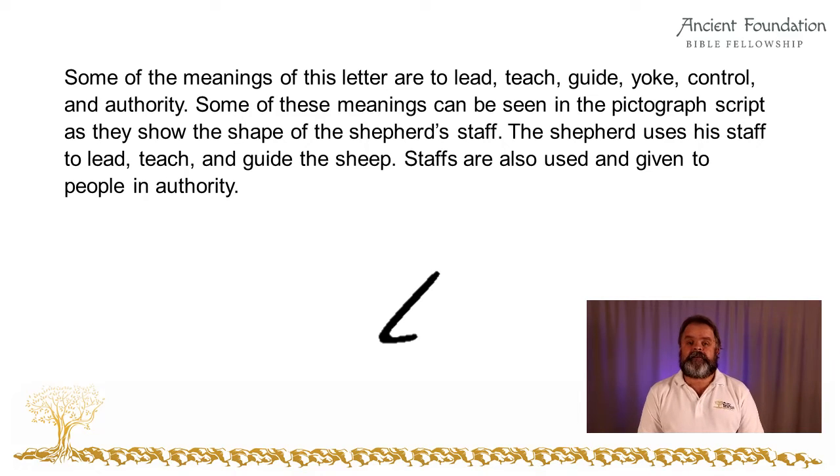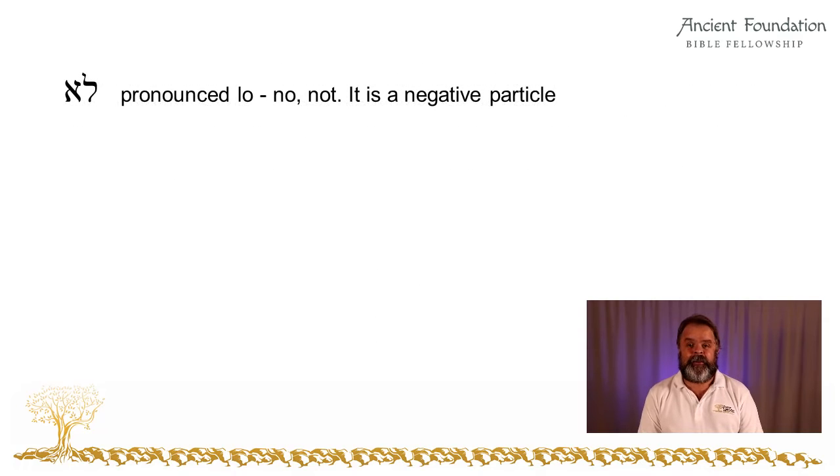Now let's have a look at some of the Hebrew words that start with the letter lamed. The first word is pronounced lo, and it means no and not. It is a negative particle in Hebrew. So if you want to say no in Hebrew, you say lo.